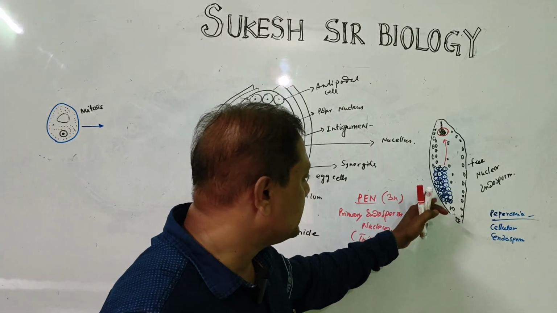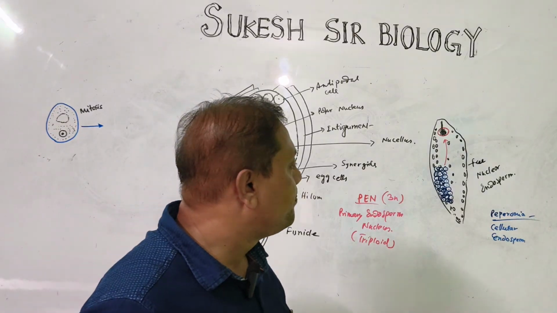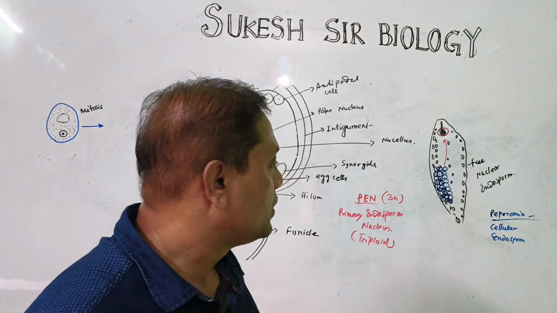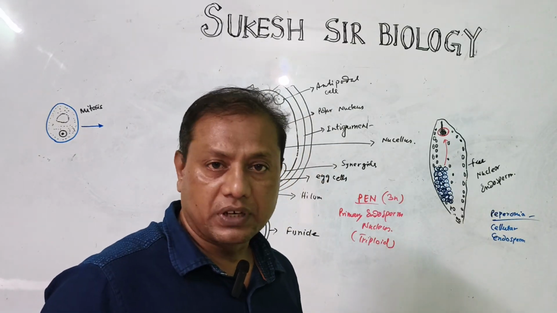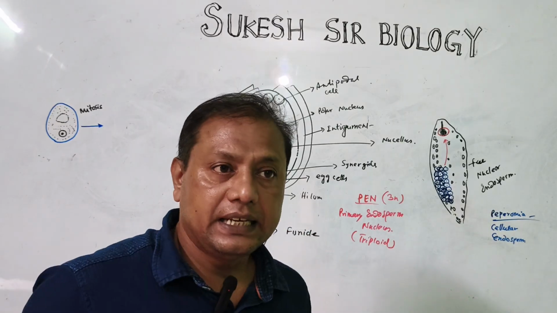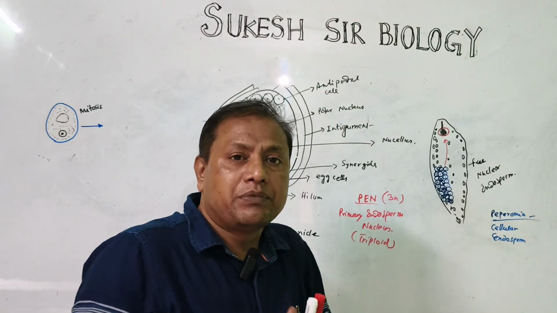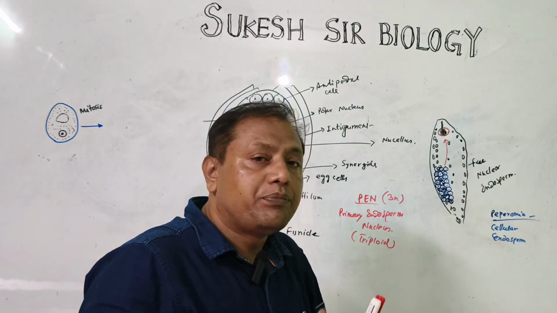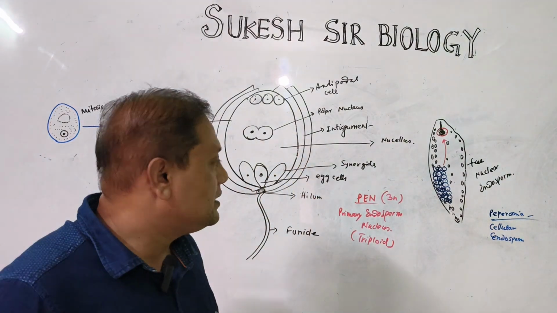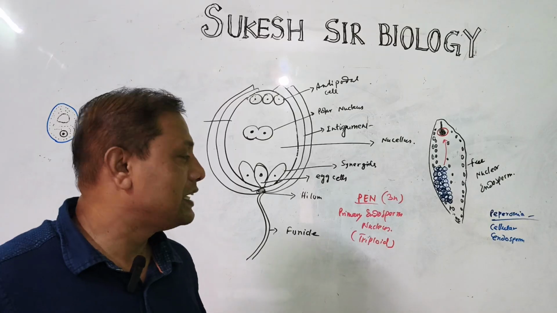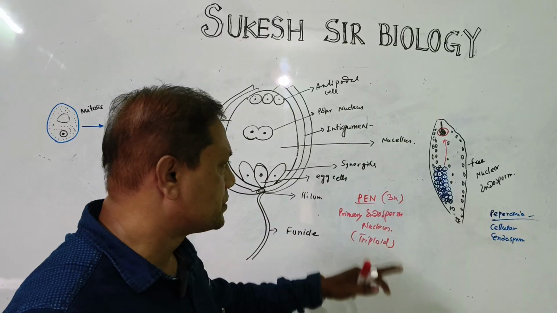When it does not form cells and only nuclei are present, we say it is free nuclear endosperm, as in coconut water. When it forms cells, it is cellular endosperm. And sometimes it is intermediate, where cell formation and nuclear formation both take place. Vallisneria is one example.